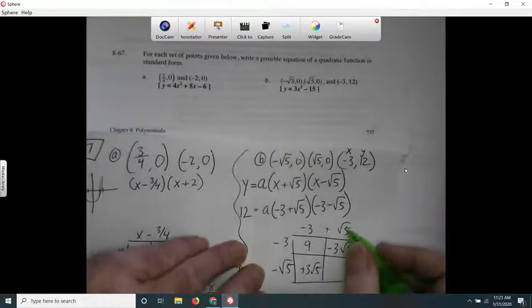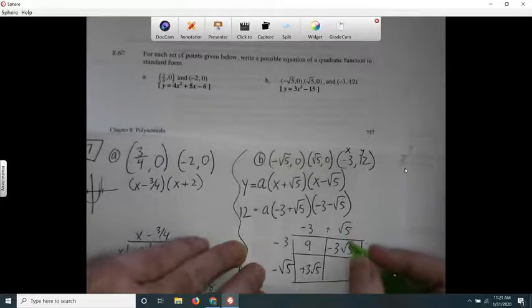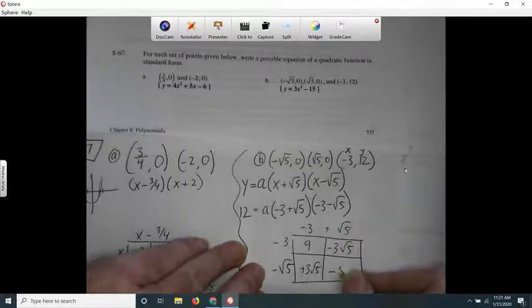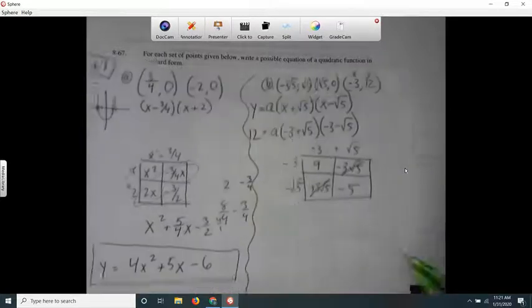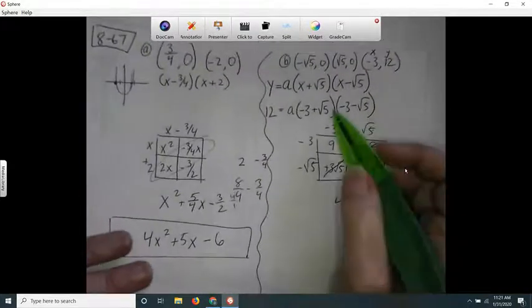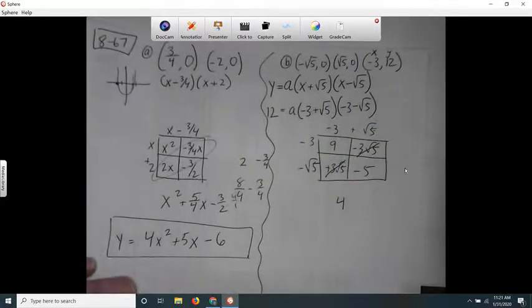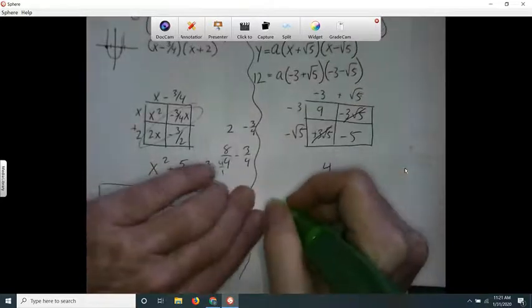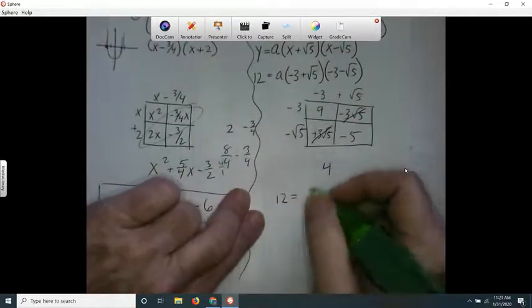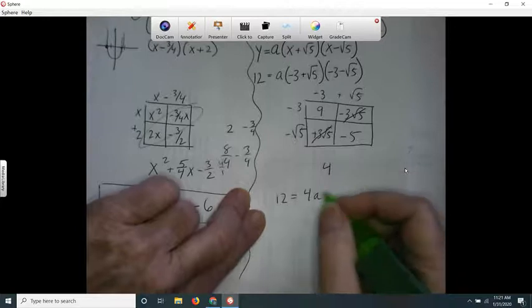So negative root 5 times root 5 would be negative 5. These cancel out, and 9 minus 5 is 4. So it turns out that all that ends up just being 4. So now I've got 12 equals 4 times A. So A must be 3.